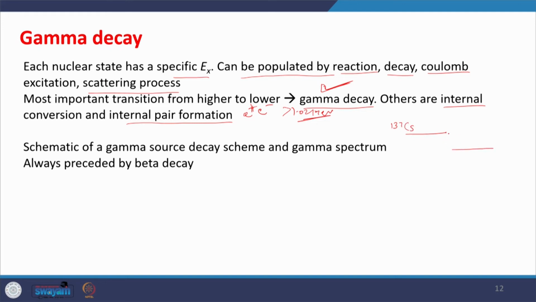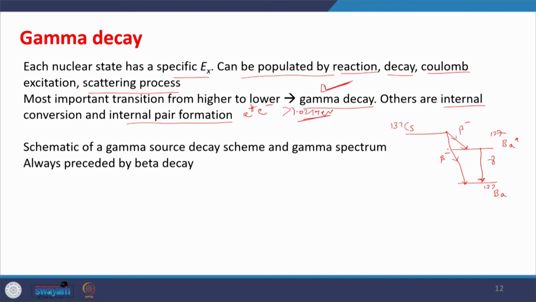Okay, it decays to the excited state of barium-137, and this excitation leads to the emission of a gamma ray during de-excitation. This decay is via beta minus, whose endpoint energy is up to 0.5 MeV. Rarely this can directly go to the ground state, this also via beta minus.